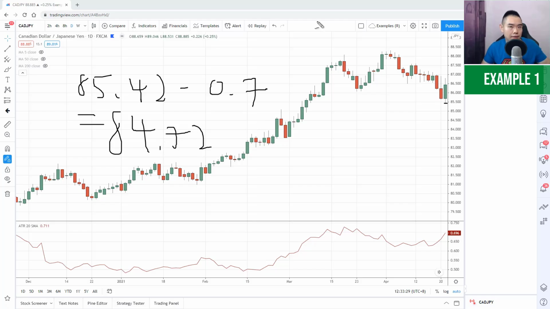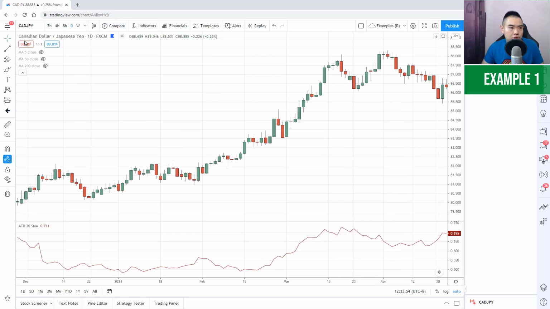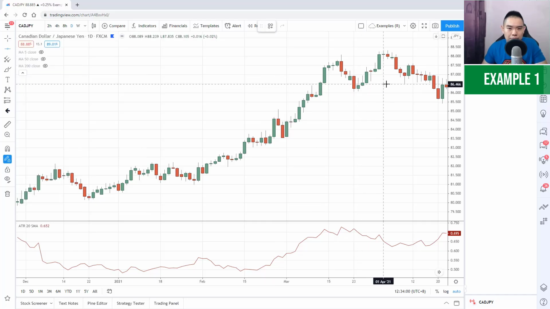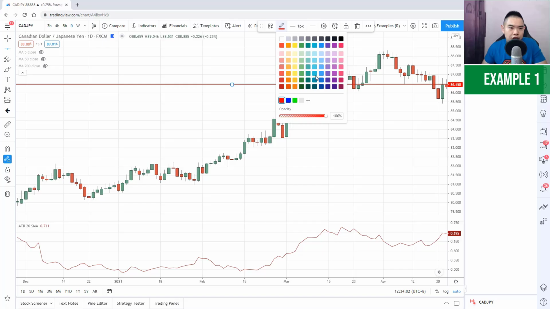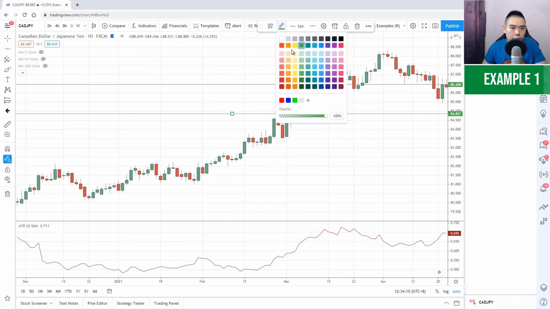So let's say the market opens on the next candle open, over here. Let me share with you where I will set my entry, stops, and exits. Let's call this entry, which is at the open of the next candle. I'll change this to, let's say, green. So that's my entry point. Now, what about my stop loss? We just calculated it. Your stop loss will be at 84.72.